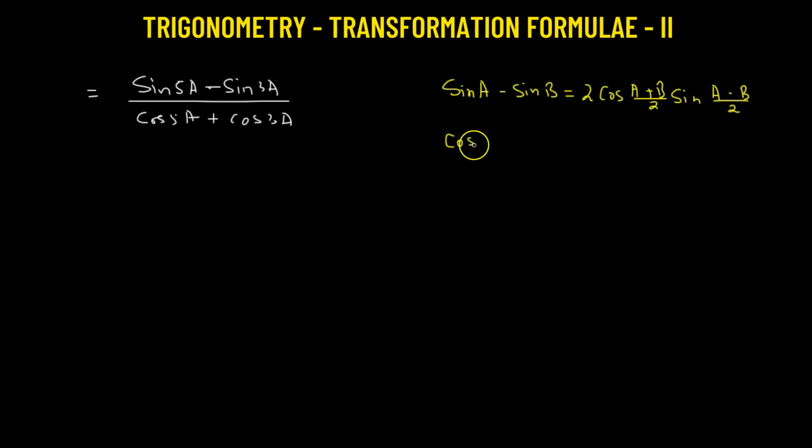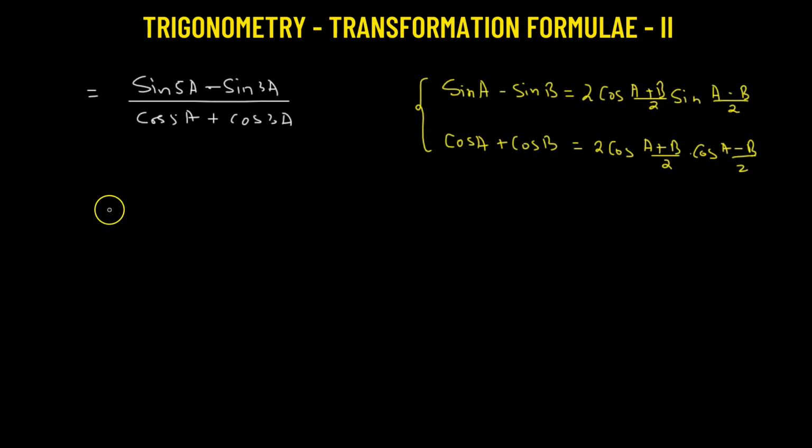And if we have the sum of two cosine functions, cosine a plus cosine b, that's going to be 2 times cosine of angle a plus b over 2 multiplied by cosine of angle a minus b over 2. It means we have the product of two cosine functions. So this transformation formula takes us from the difference or a sum of two trigonometric functions to the corresponding product.